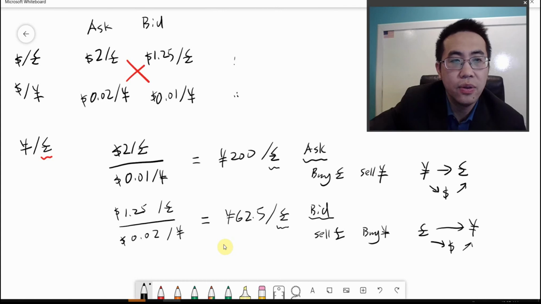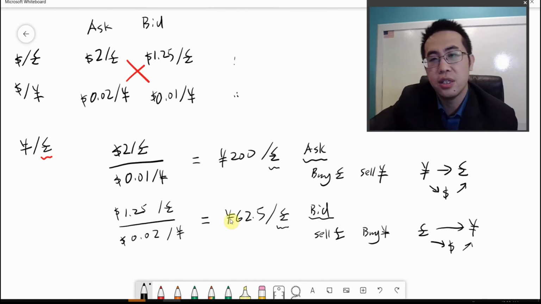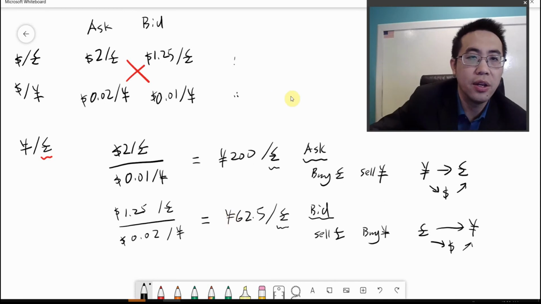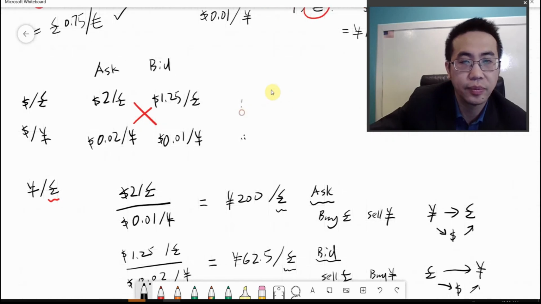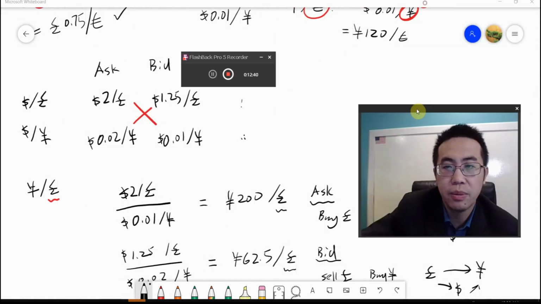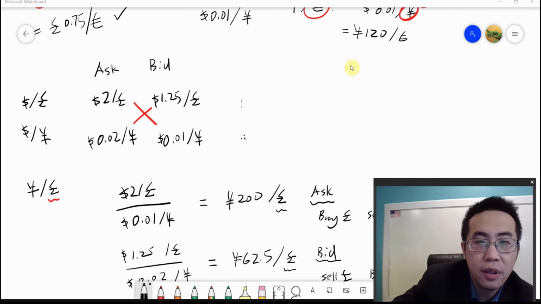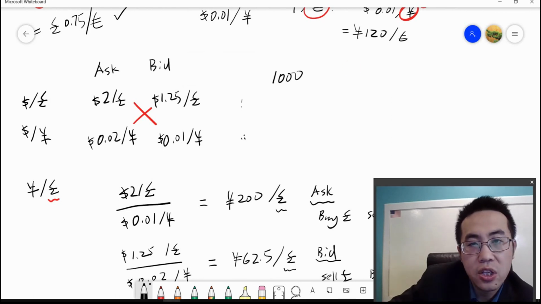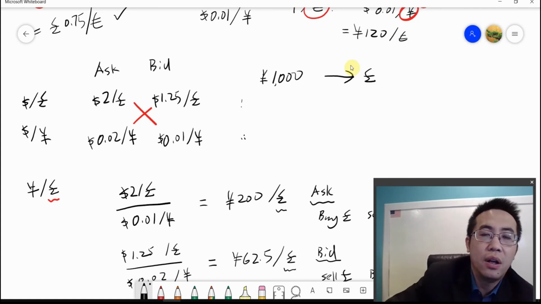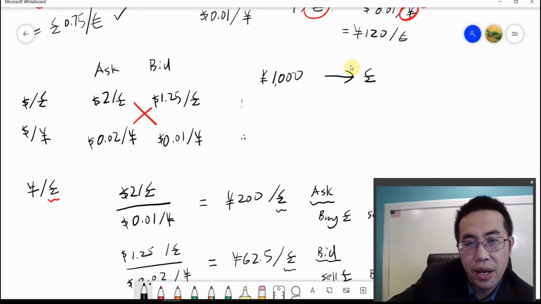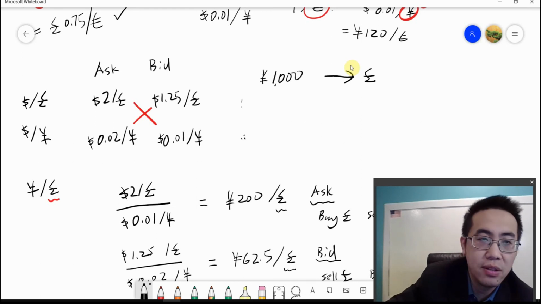So let's see, if you have a certain amount of Japanese yen and you want to convert it to pound based on this rate. All right, so let me just put it right here. You have 1,000 Japanese yen here, and you want to convert to British pound, and you are only looking at the bid-ask pairs provided by two banks, and both of these pairs of bid-ask have a dollar involved.